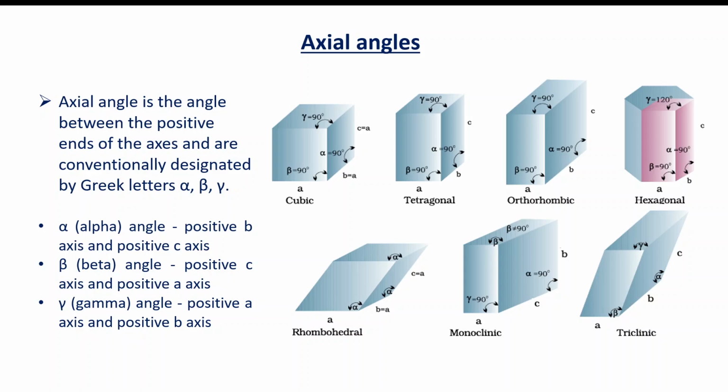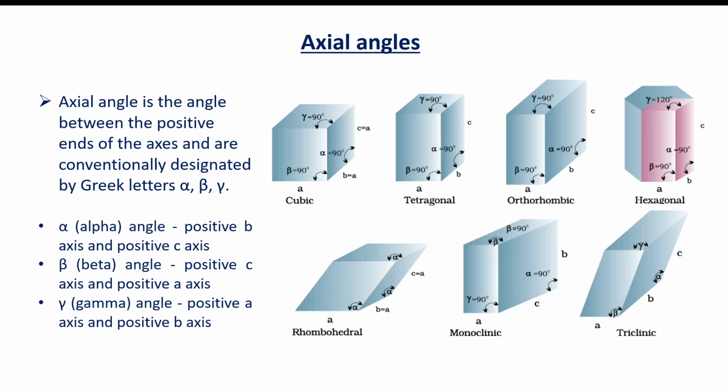In the case of orthorhombic, all three axial lengths are different. But in the case of axial angles, cubic or isometric, tetragonal and orthorhombic crystals all have the same axial angle. So, you can't really differentiate between cubic, tetragonal and orthorhombic directly on the basis of axial angle only. You also have to have an idea about the axial length.